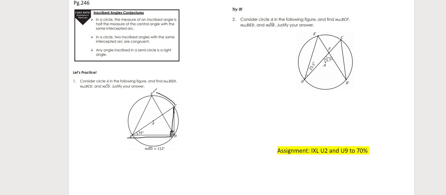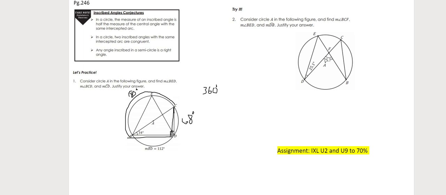That means the arc CEB, if it's 90 and I multiply by 2, is 180 degrees. If you add 68 degrees plus 112 plus 180, you're going to get 360 degrees.